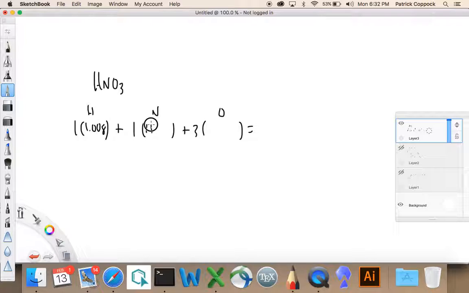Nitrogen's 14.01, oxygen is 16.00. Is that exactly what our textbook says? So it's going to be 1.008 plus 14.01 plus 16 times 3 equals 63.018. Just to check this in my calculator, this is about 1, this is about 14, and this is about 48.